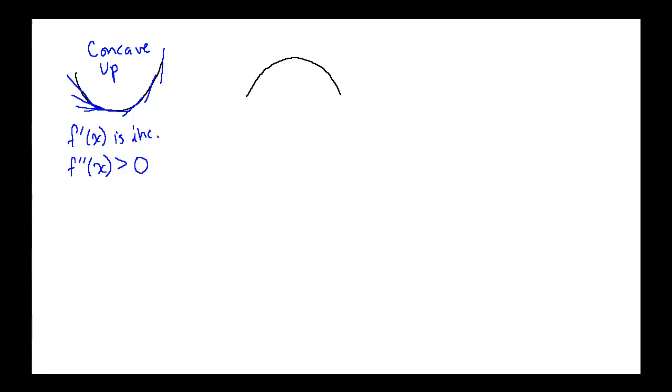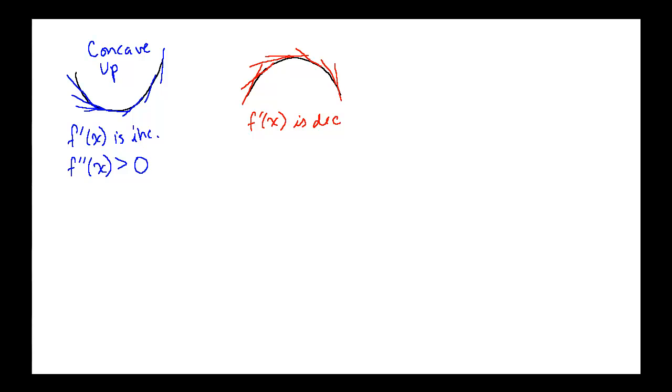On the other side here, they start out very positive, get less positive, shallower and shallower till we get to 0, and then they start out slightly negative and then get more and more negative as we go along. So this time, the slopes of the tangent lines, the first derivative, is decreasing.